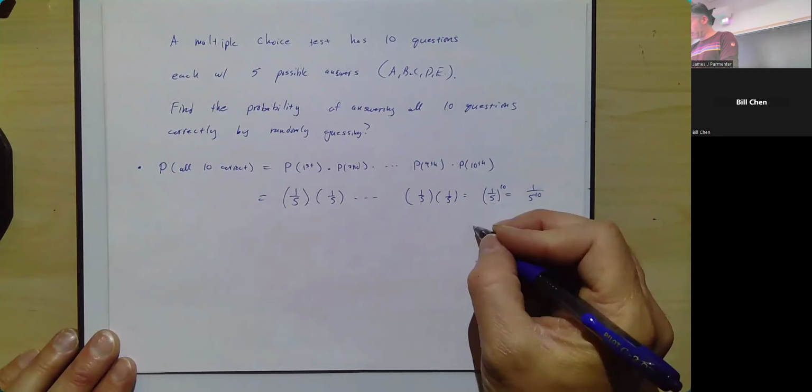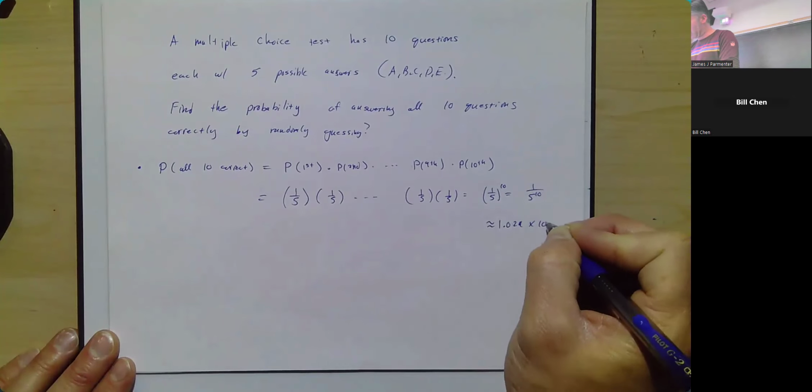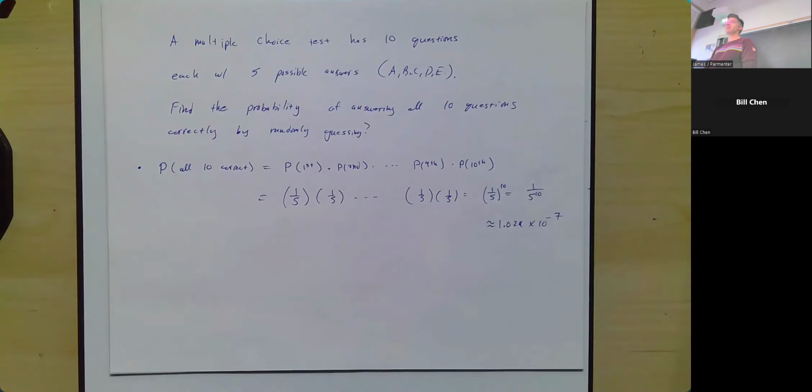It's approximately 1.024 times 10 to the -7th. So 0.0000001024. That probability. Extremely unlikely.